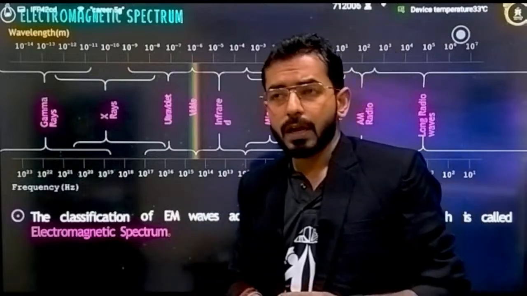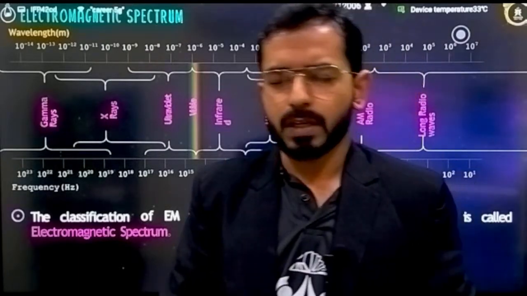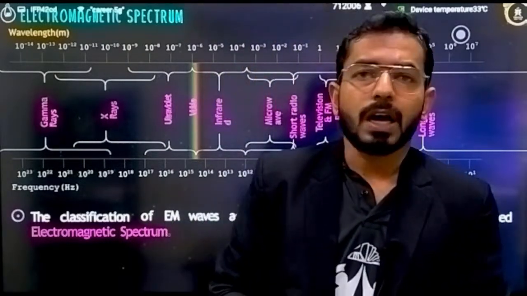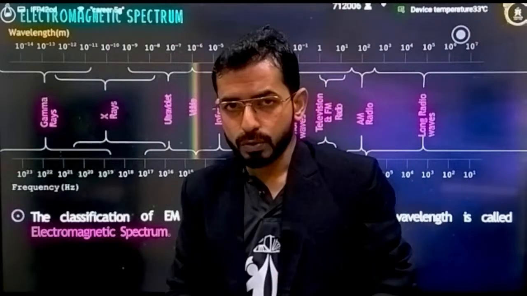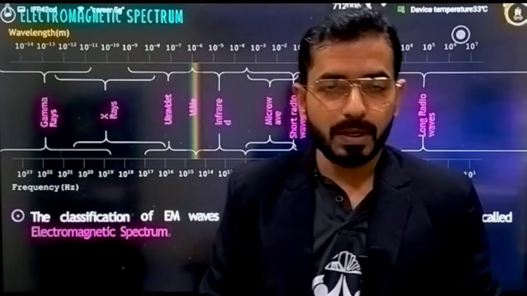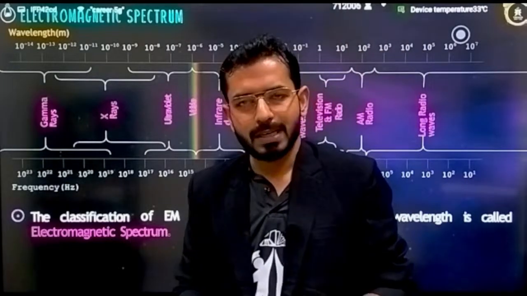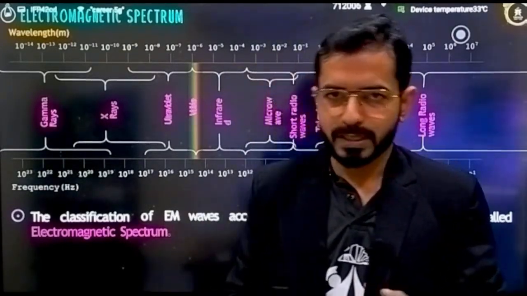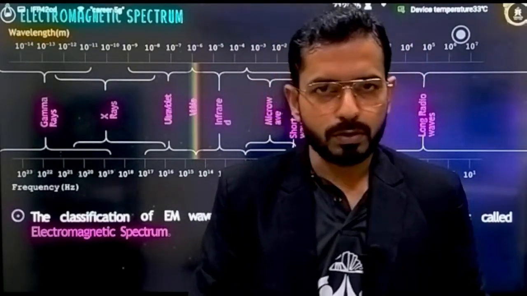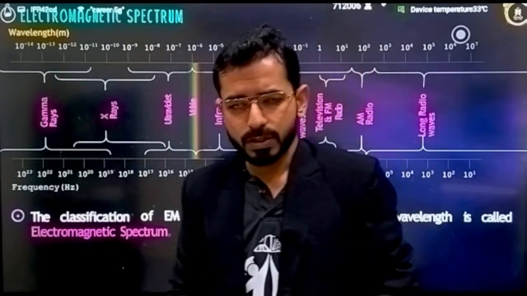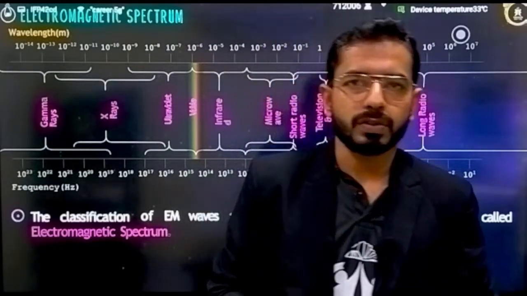Read about how they are generated, what their applications are, where we use them. That table is very informative, and questions can come directly from there. Even in your board exam, if someone asks you to explain any wave, you should know about those waves. Scientists' names are also mentioned, so you should understand all those things.